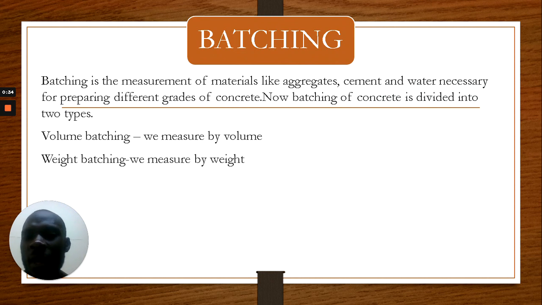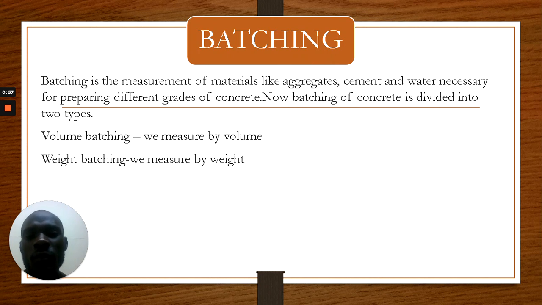And we define batching as the measurement of materials like aggregates, cement and water necessary for preparing different grades of concrete. So the process of measuring aggregates of concrete production is called batching.